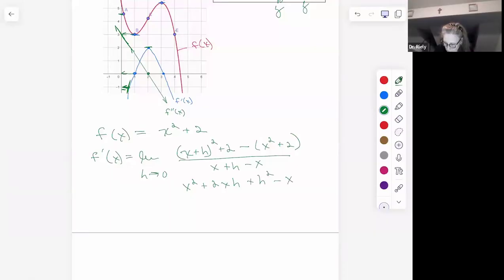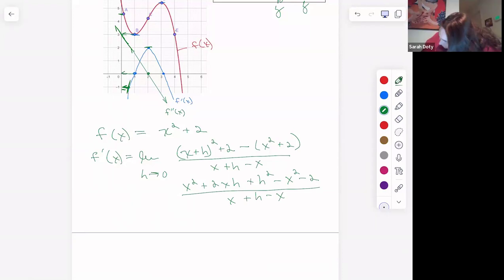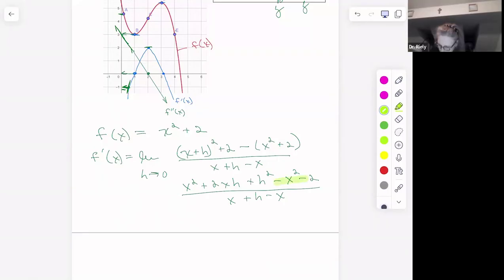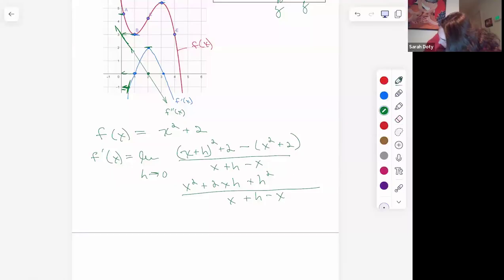And then distribute. Okay, I need one more letter in there. I need a 2 in here. So then this is still plus 2.